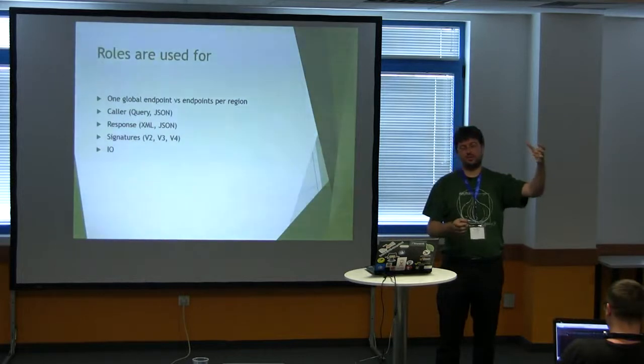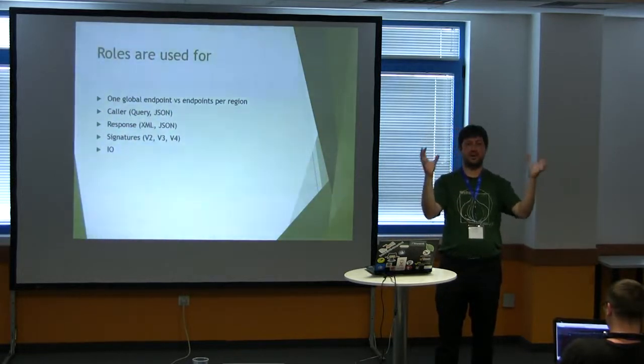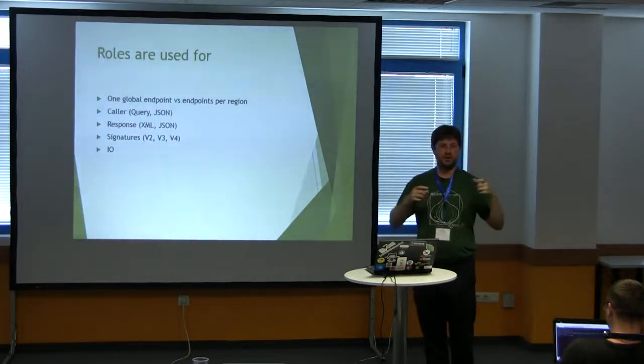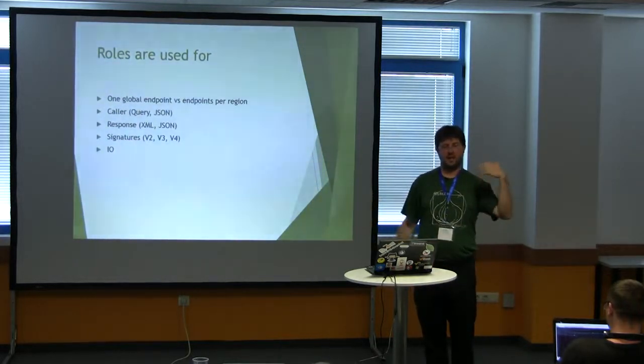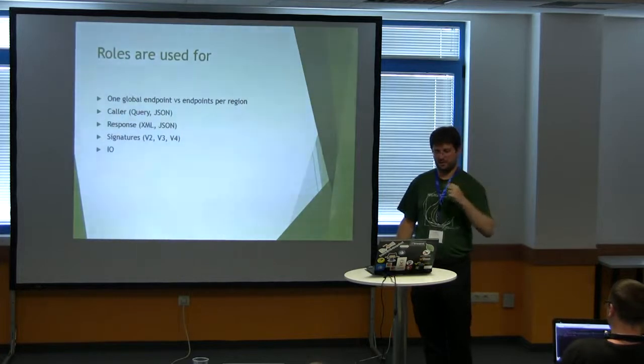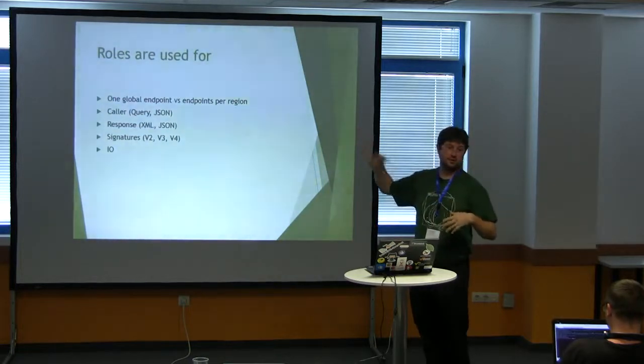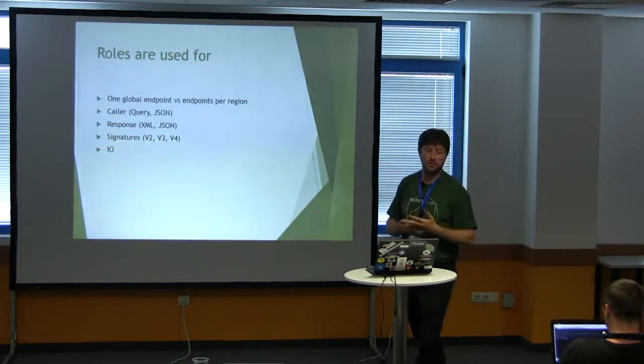So we're using roles for deciding global endpoints versus regional endpoints, how to call, how to serialize those objects that were constructed to validate the parameters, get pushed into the callers, and the callers serialize arrays and data structures to something that later the API will understand.